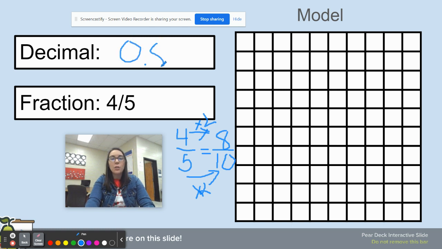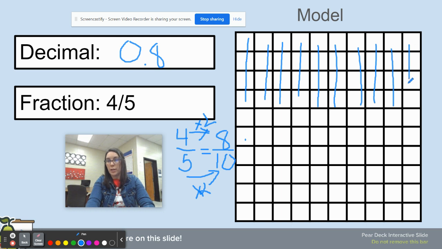But if you had to model this, you could think of 4/5. So for every 4 I color in, the 5th one is left open. Okay, but that's only out of this first group of 5.